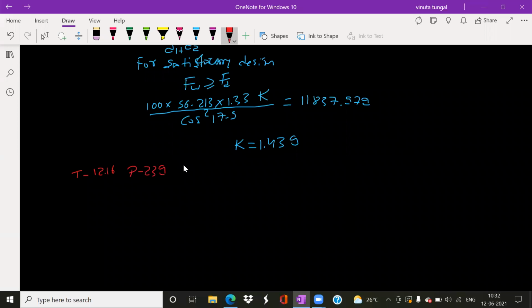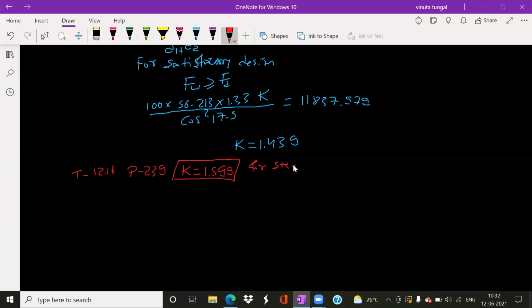Therefore, from table 12.16, page number 239, the K value we have taken is 1.59, and that is the standard one. The next value was 1.59, that's why I have taken it. That is for steel.